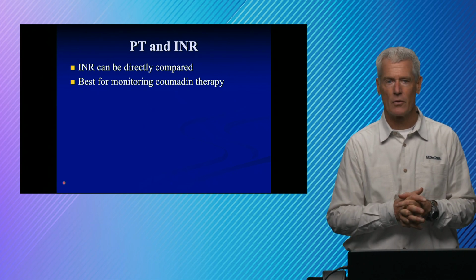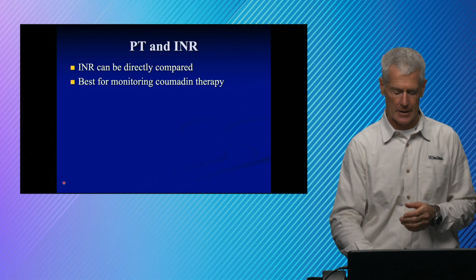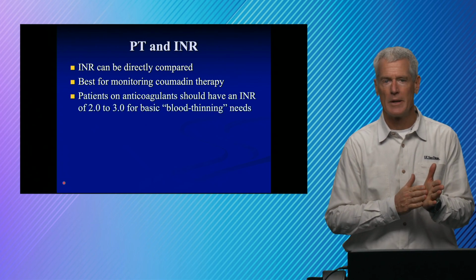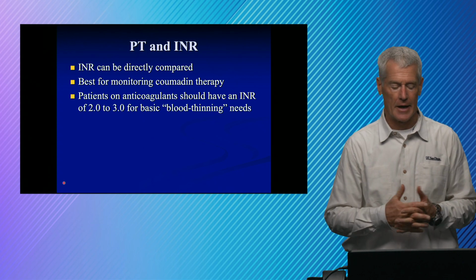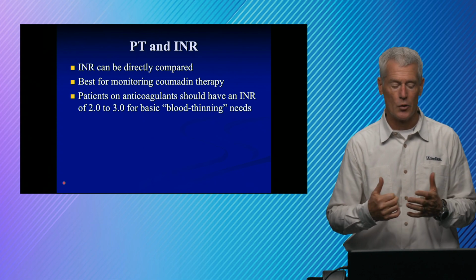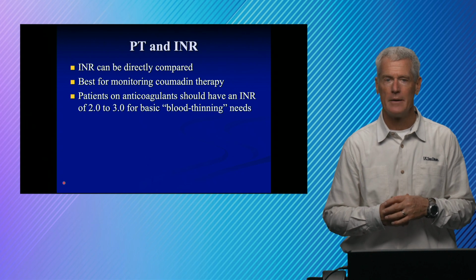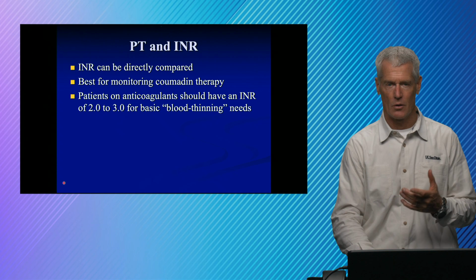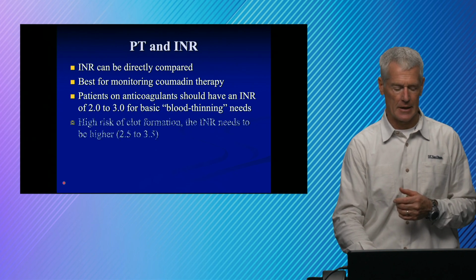It's the best test for Coumadin therapy, and patients on Coumadin typically have an INR somewhere around 2 to 3. A normal INR is 1, so somewhere around 2 to 3 for basic, quote, blood thinning needs.